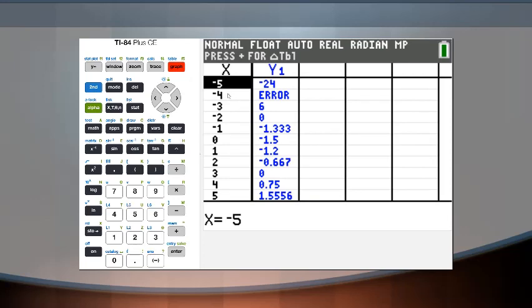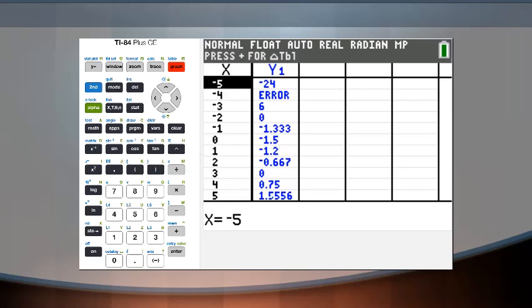And I can see right here at negative 4, I've got an error. That means that x cannot equal negative 4 in this particular function. And then this gives me all my other y values. I see when x is negative 3, y is 6. When x is 0, y is negative 1.5.